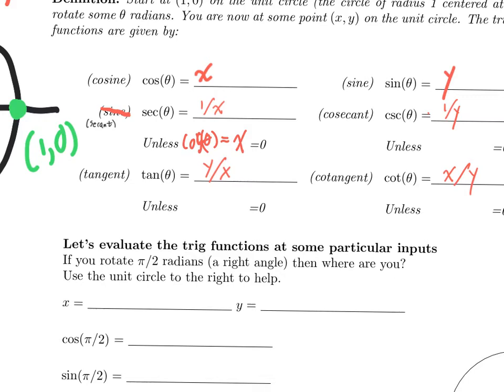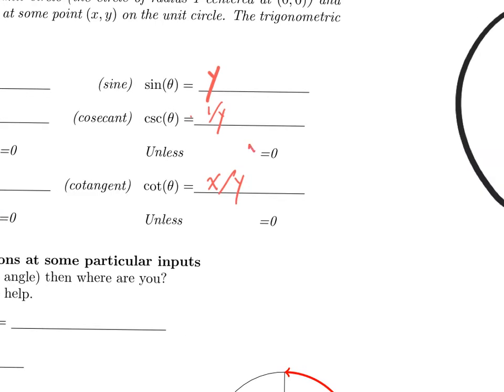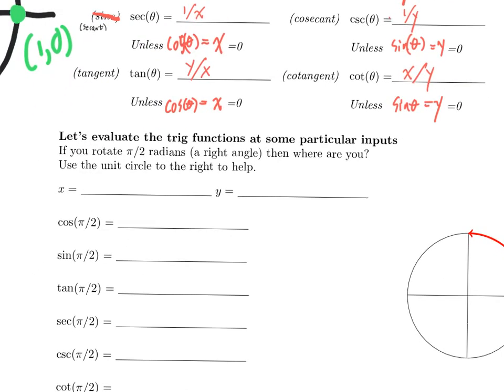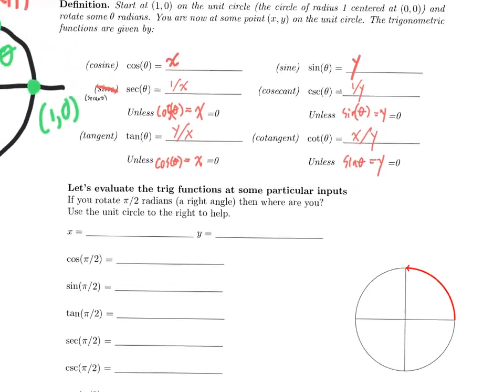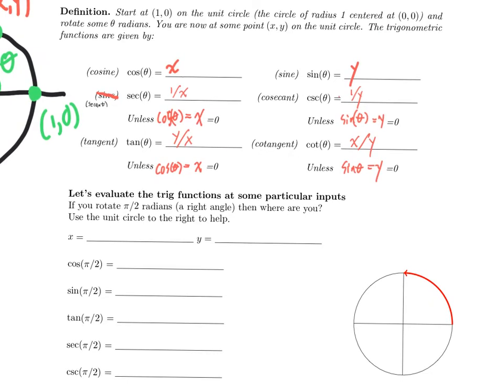Tangent, similarly, is not defined when x is equal to 0, also known as cosine of theta. Cosecant is undefined when the y-coordinate equals 0, also known as the sine of theta. Cotangent is not defined when y equals 0. So those are the functions that we'll study.